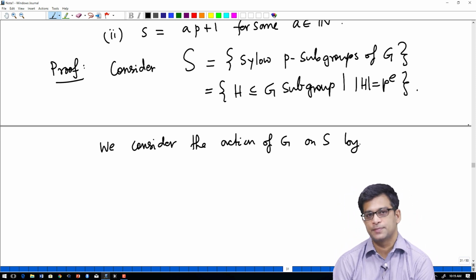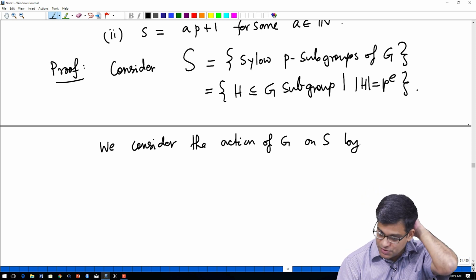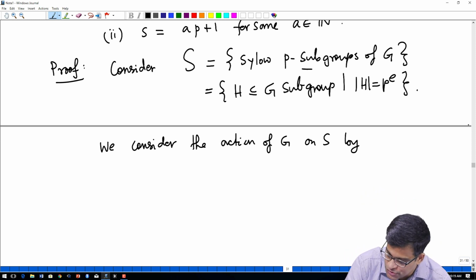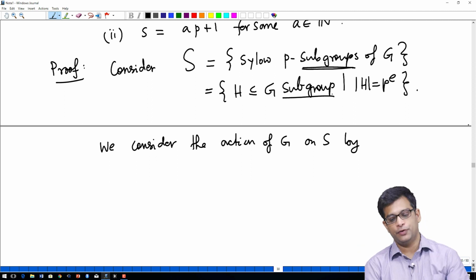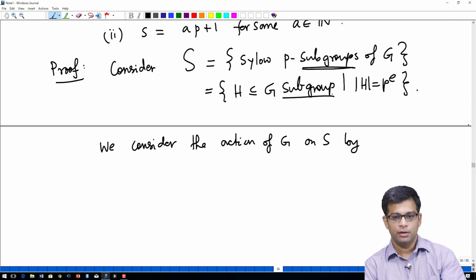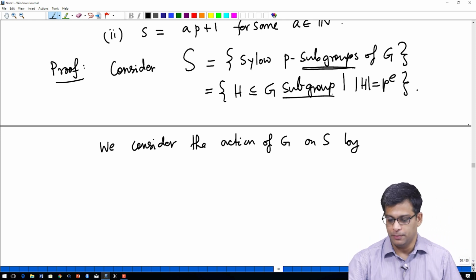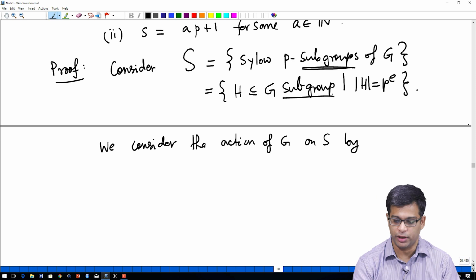Remember, S is not a set of subsets, it is a set of subgroups. If you multiply a subgroup by an element on the left, you will have a subset, not necessarily a subgroup. So, the action of G on S by left multiplication will not give you an action, because our set now consists of subgroups.